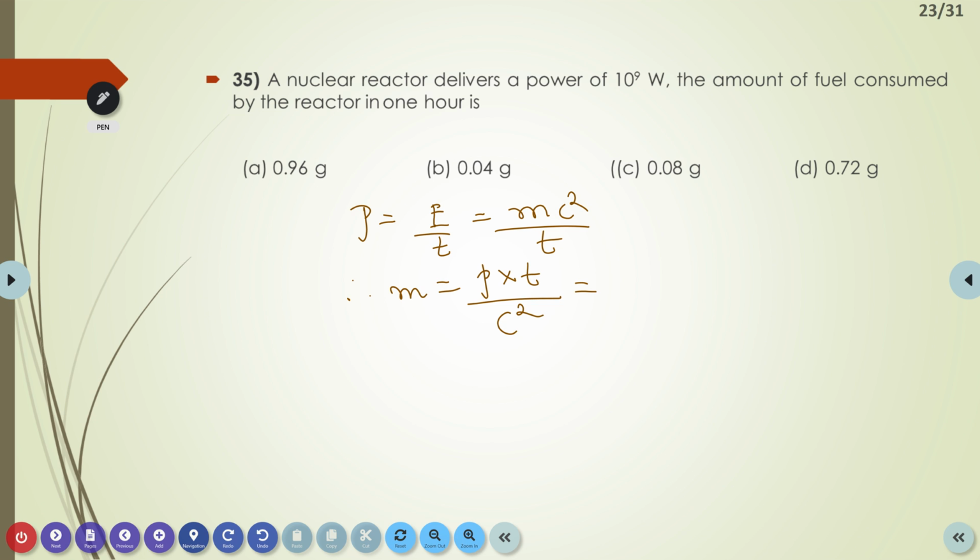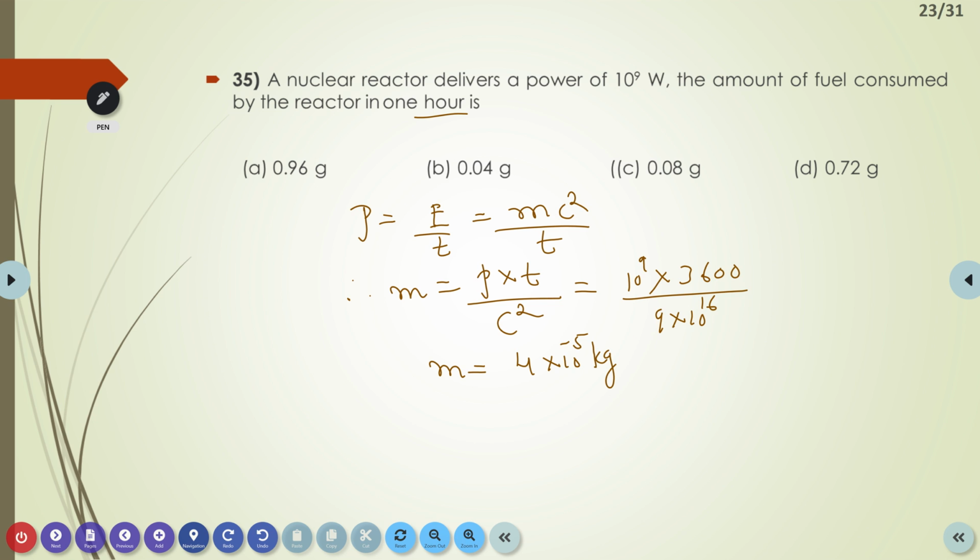What is the value of power here? 10 to the power of 9. In how much time here? 1 hour. 1 hour means 60 into 60, that is 3600, divided by c square, which is 9 into 10 to the power of 16. So it comes around m equal to 4 into 10 to the power of minus 5 kg, because all are in SI units.